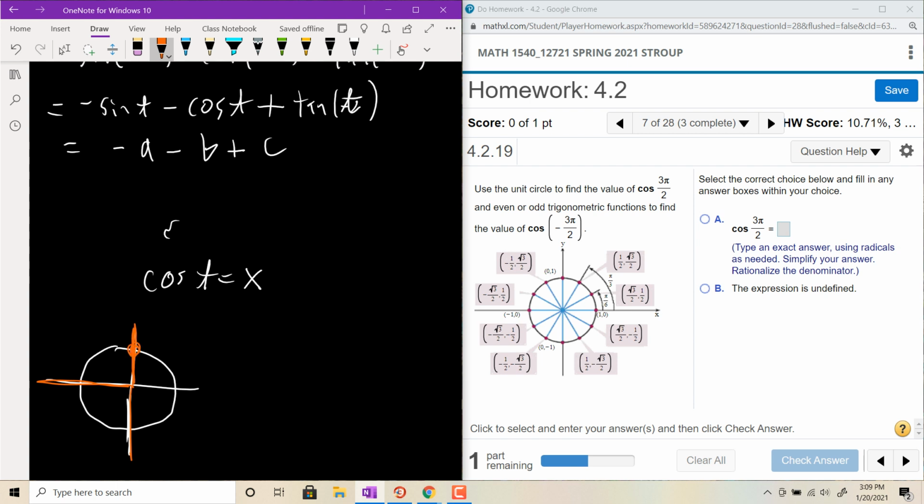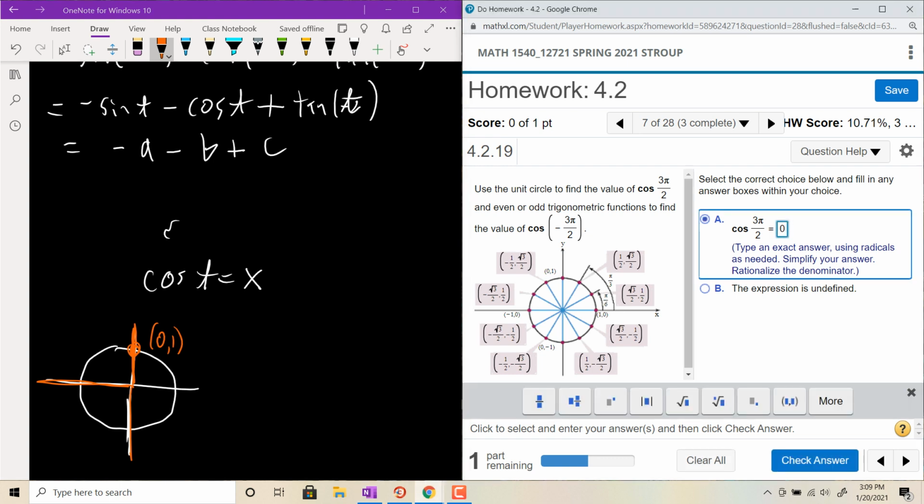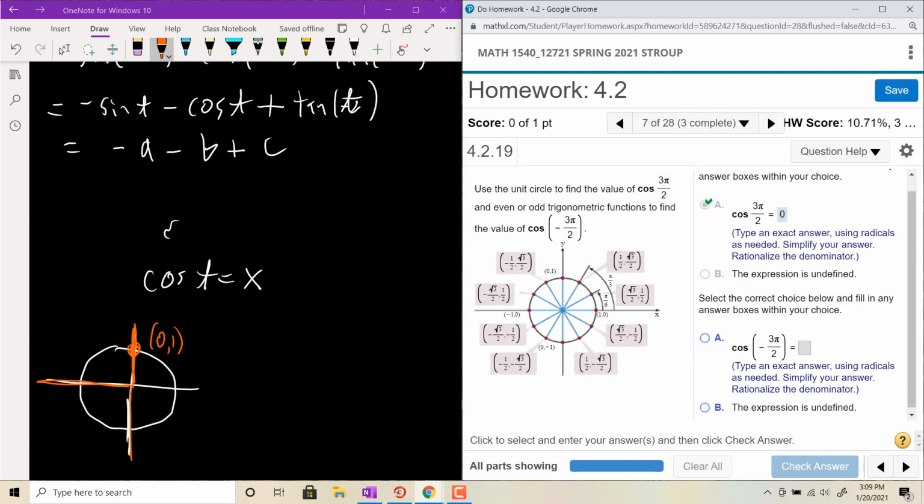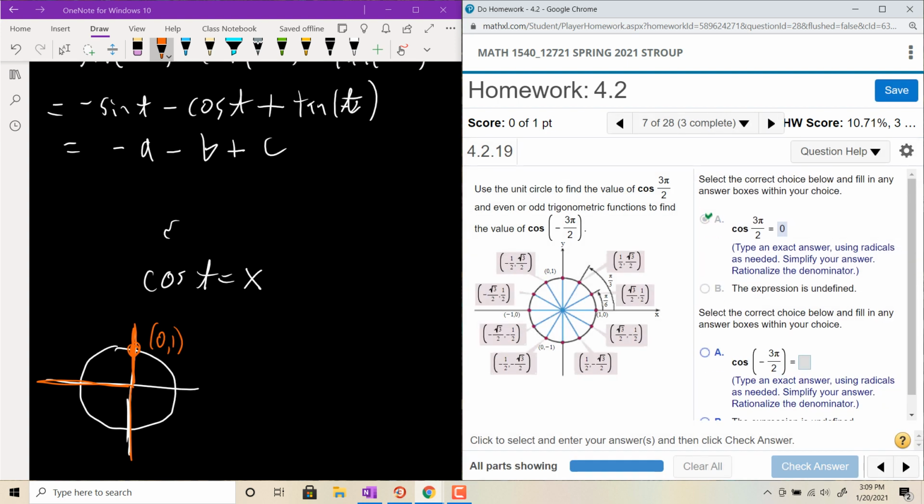So the point we want is 0, 1, and that means cosine of that angle, negative 3 pi over 2, must be 0. Okay. So we can put in 0. And is there any more? Oh, the first one was cosine of 3 pi over 2. Sorry. I got lucky there.